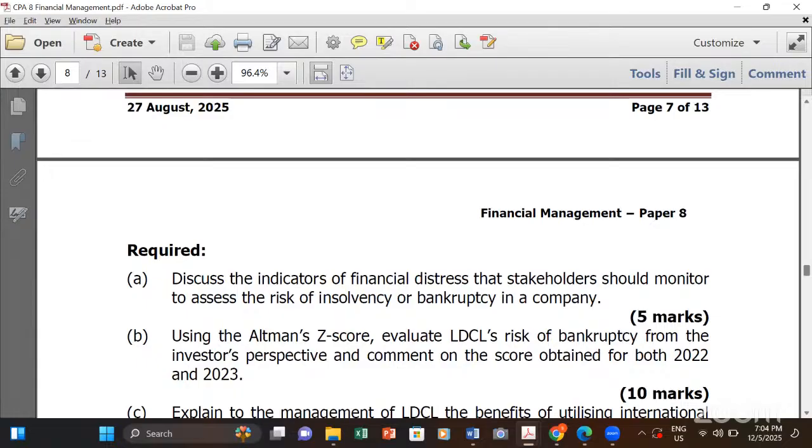That is the other way they can bring this ratio number, and they brought it. 10 marks plus the 5, how many marks? 15 marks. Let's see how to get this up. Now, one thing you need to know about this Altman Z-score, this gentleman here.